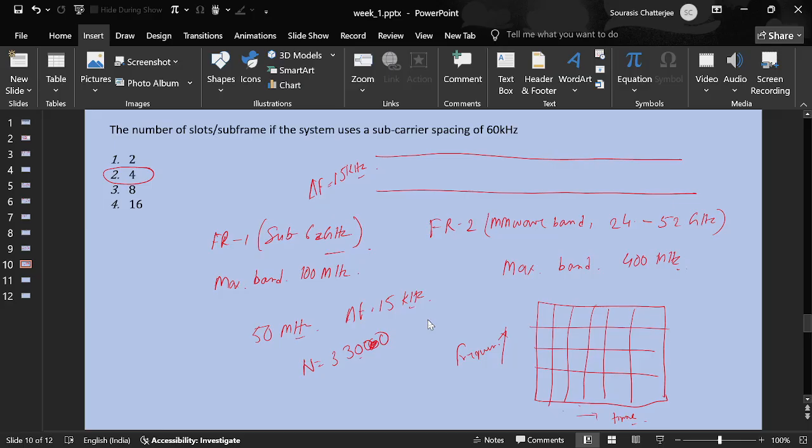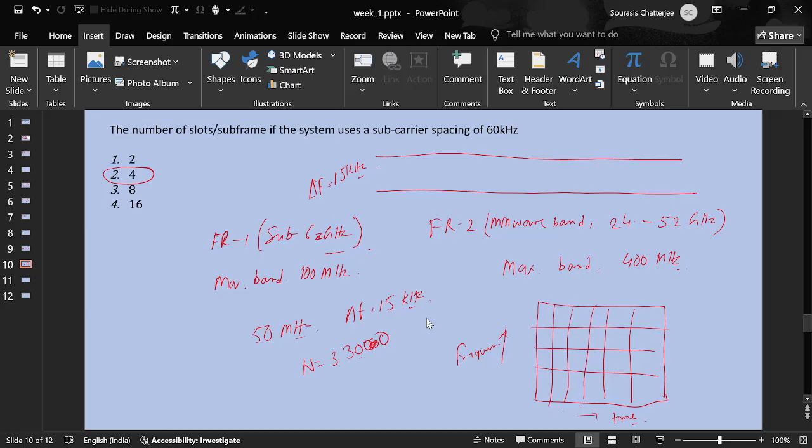So if there are 275 PRBs and 14 symbols, then the maximum number of users in theory you can accommodate is 275 times 14. That is close to 4000, but in practice it's orders of magnitude less. Like 40 to 50 max get scheduled by the base station per slot.